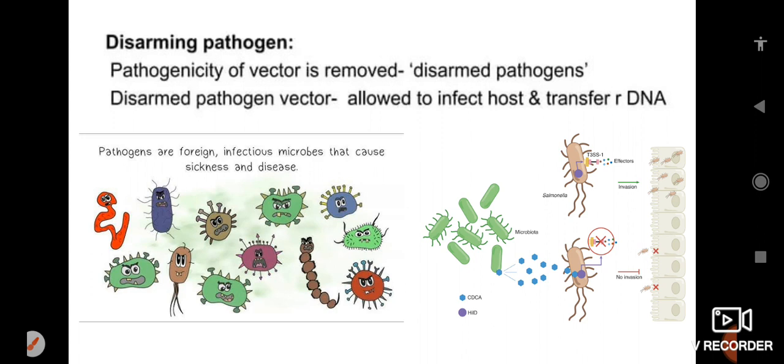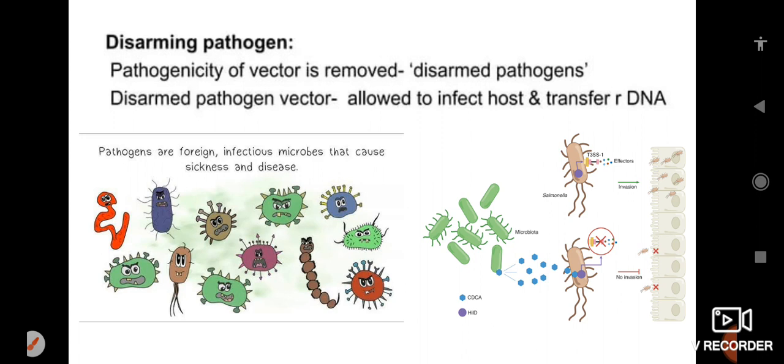When I say pathogen, it is a foreign and infectious microorganism that can cause disease or sickness. When I'm disarming the pathogen, I am removing the pathogenicity of the vector. Pathogenicity is the reason why this particular pathogen is causing a disease.